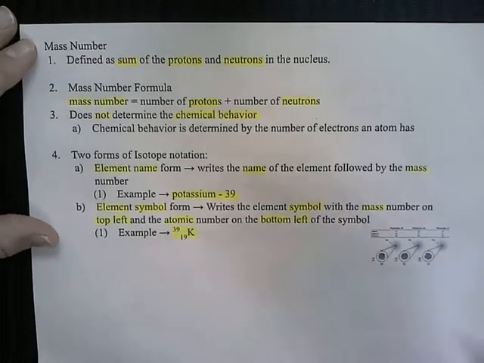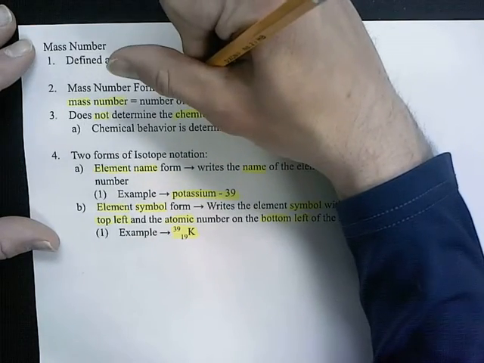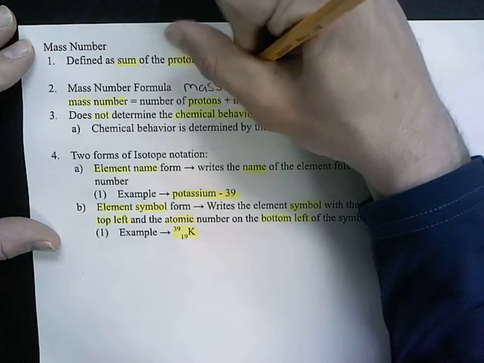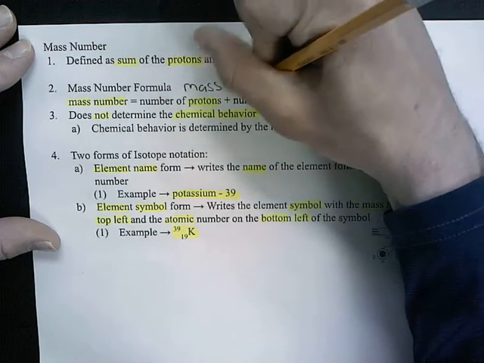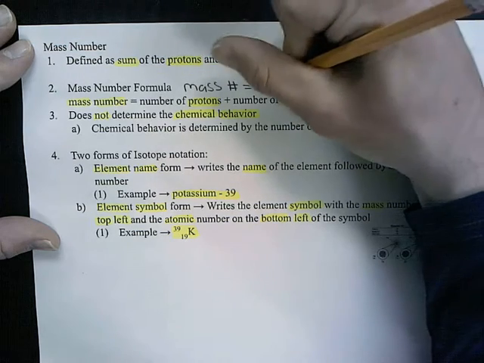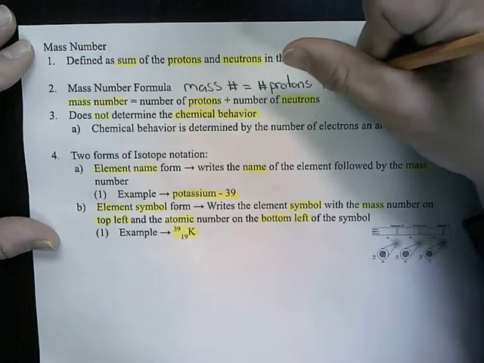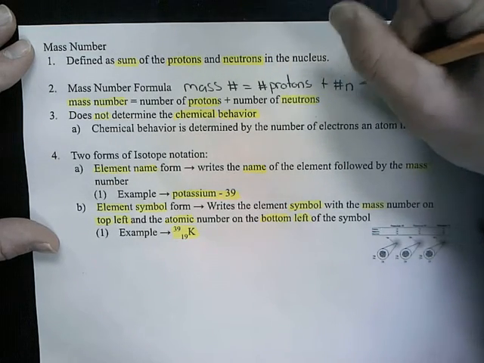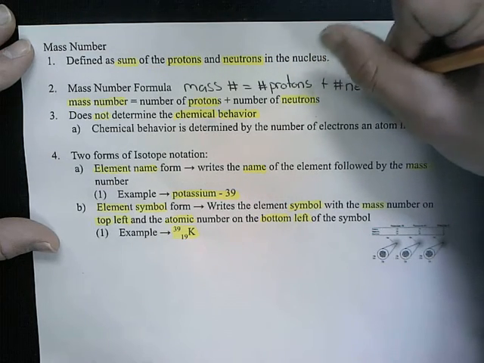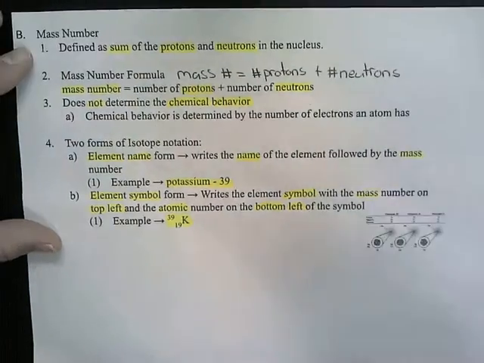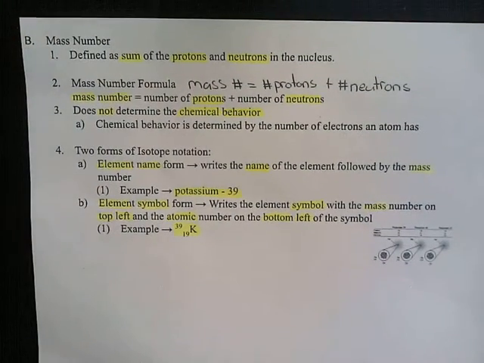I want you to write this down next to the mass number formula. So, mass number, I'm just going to use the hashtag symbol, is equal to number of protons plus the number of neutrons. And that formula is going to be very helpful going forward here.